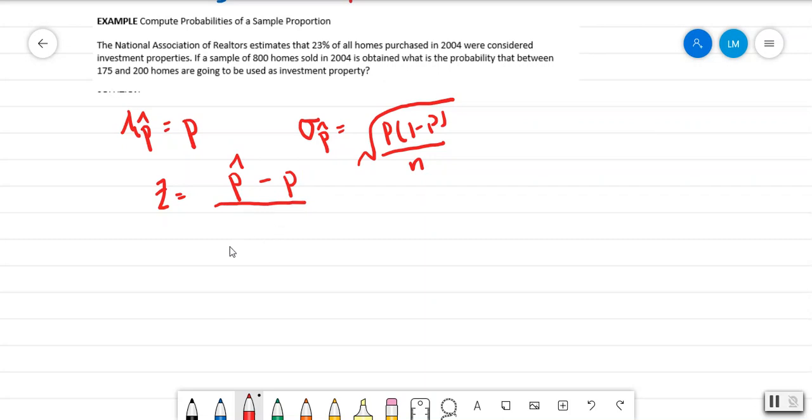We'll write that this is going to be the square root of p times 1 minus p divided by n. The only reason that I do this computation for the z-score is whenever I'm looking for my probability, which above we see that there's a probability example.